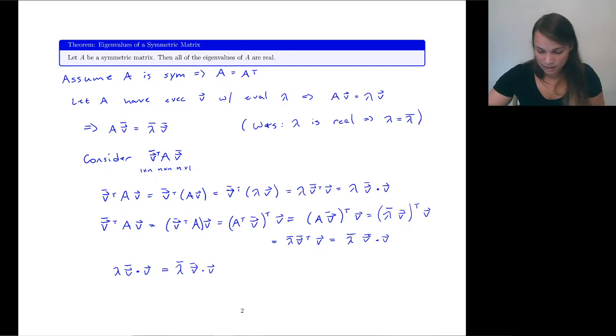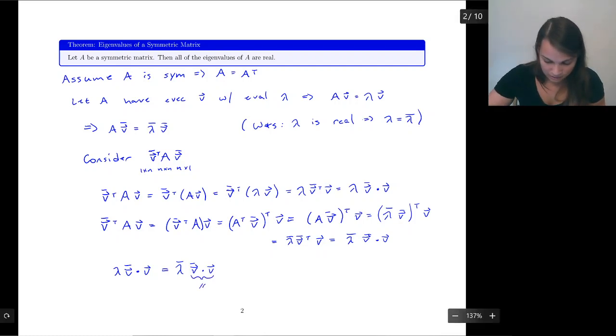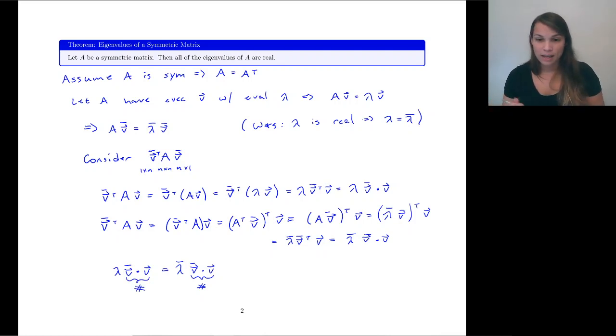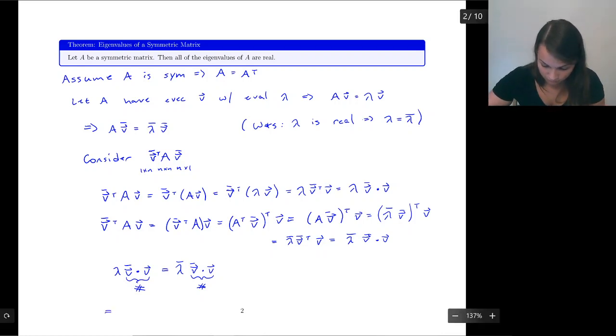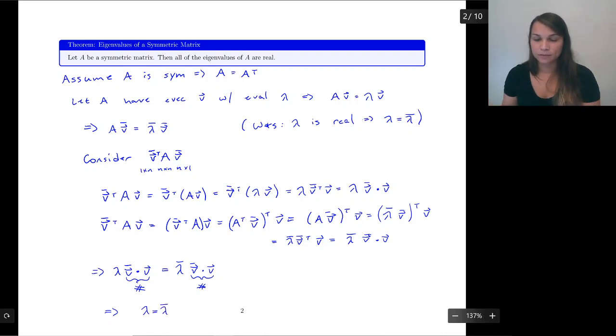All right. This is just a number. It is the same number on both sides. If I can divide by that number, I have lambda equals lambda bar, just like we wanted.